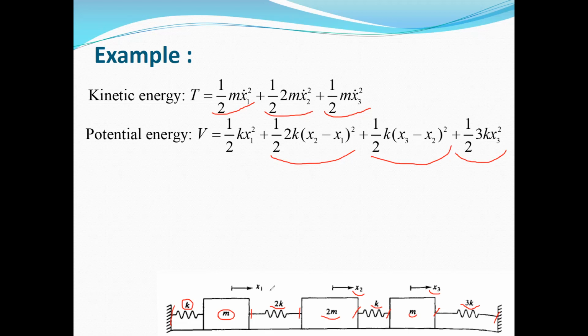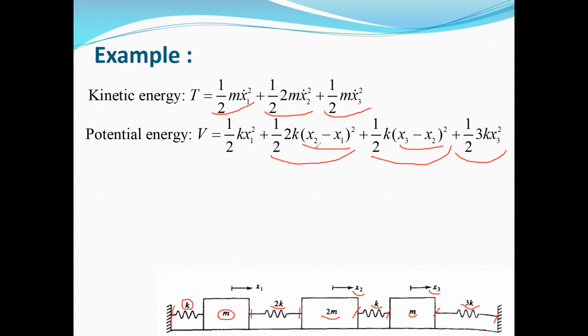So we can now extract the equation of motion, but before that I should again mention that in the energy method, when you want to calculate the potential energy, the direction of the force, or here you can see x2 minus x1 or x3 minus x2, the direction and the sign of these displacements are not important, and they will not affect your result, your equation of motion.